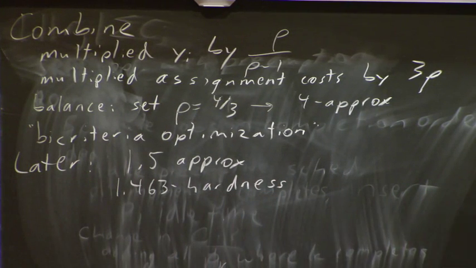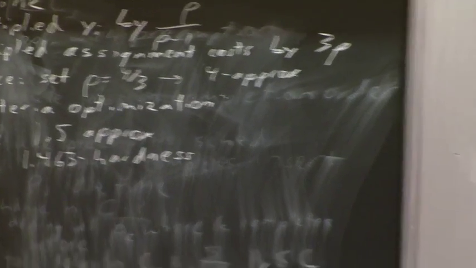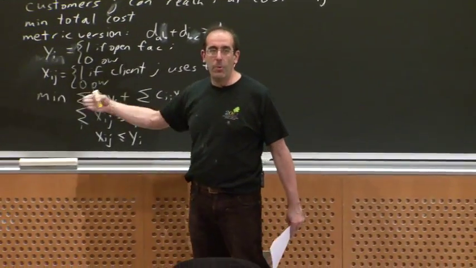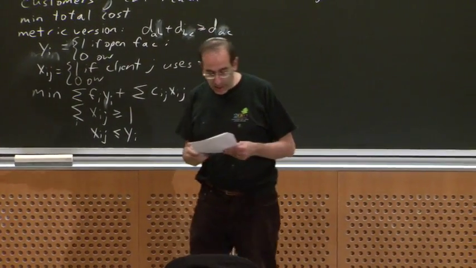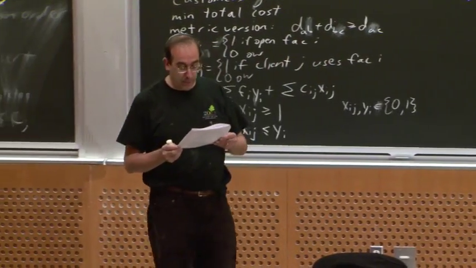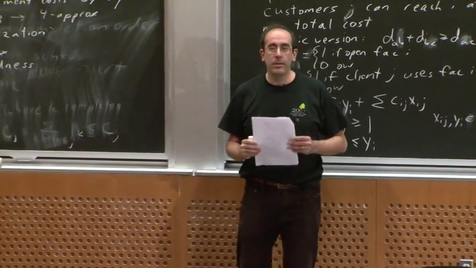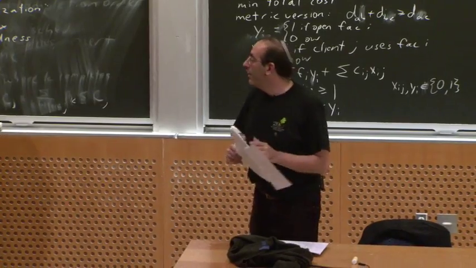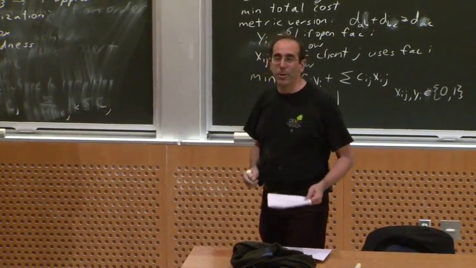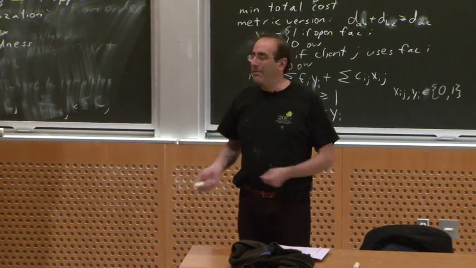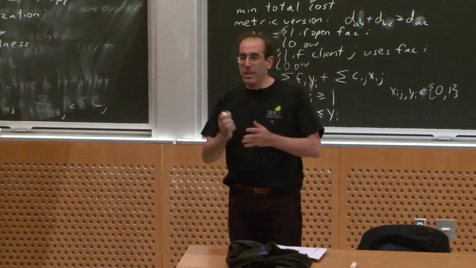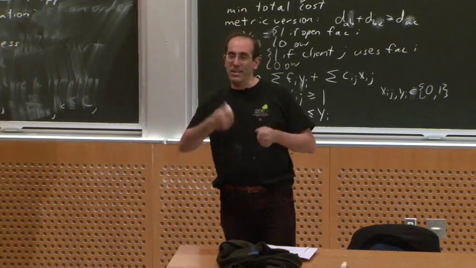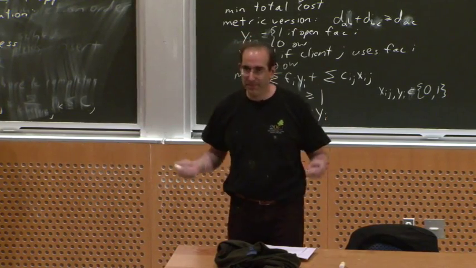There's not a lot of room left to improve either the upper or lower bounds. We're pretty close to knowing exactly how well we can approximate this problem. Okay. Yes? Is the 1.463 a special number of some kind? Well, of course, it's not the actual number. There's more decimals. And it is the result of some weird equation that arises when you do the analysis of a particular reduction.